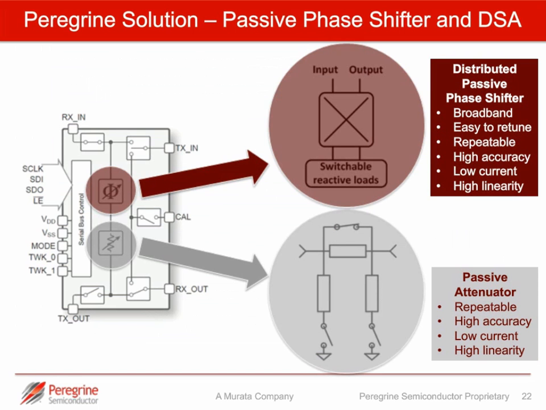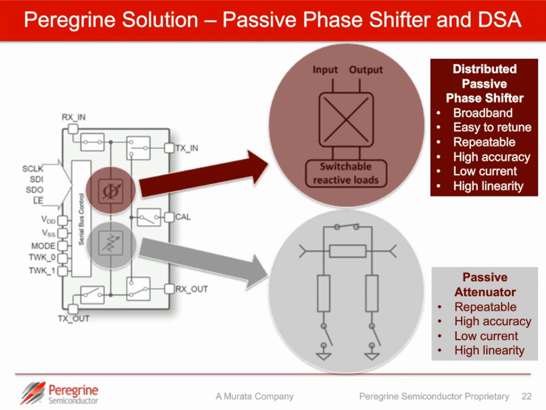So the Peregrine approach to phased array beamformers: if we take the two key blocks, you can see at the top the phase shifter and at the bottom the attenuator. In the Peregrine approach, the phase shifter is a distributed phase shifter. The basic architecture is based around having a coupler and a switched reactive load.